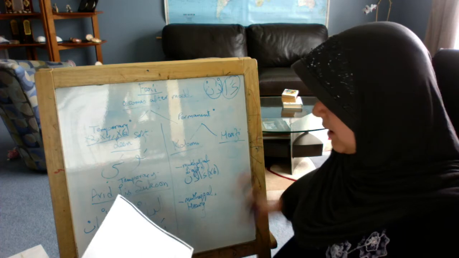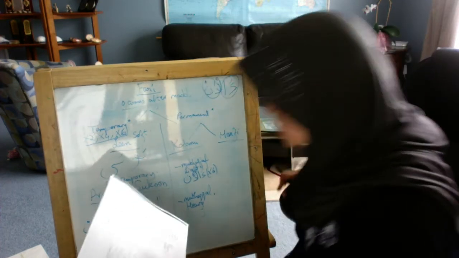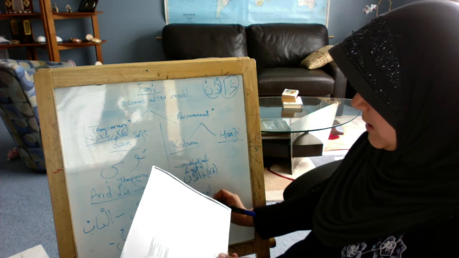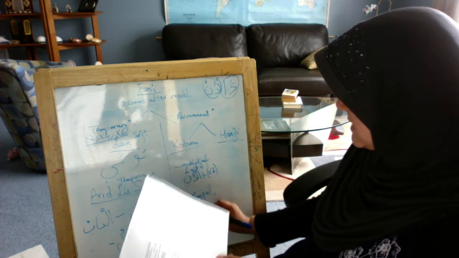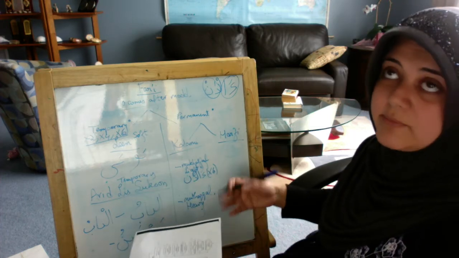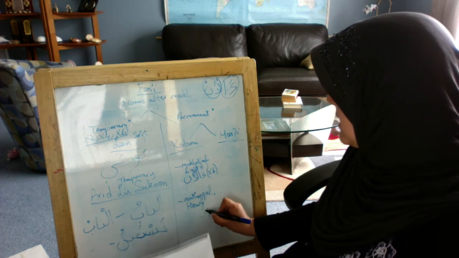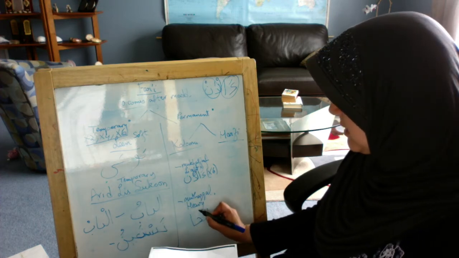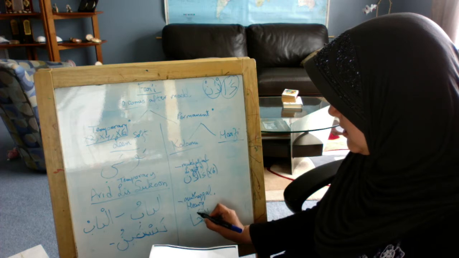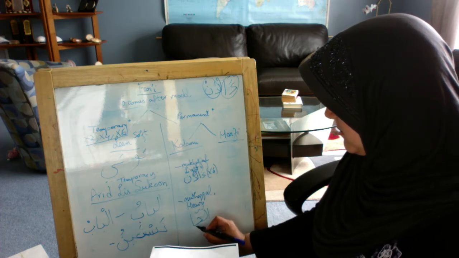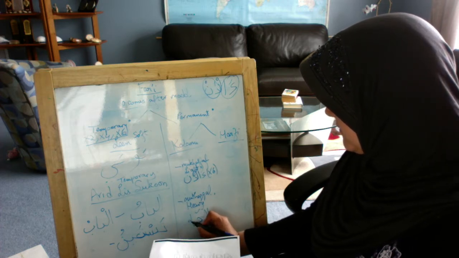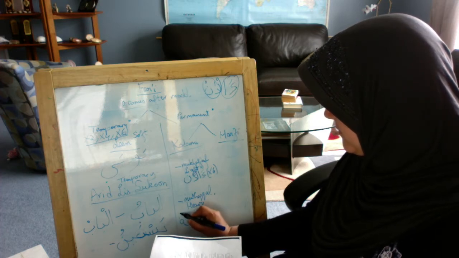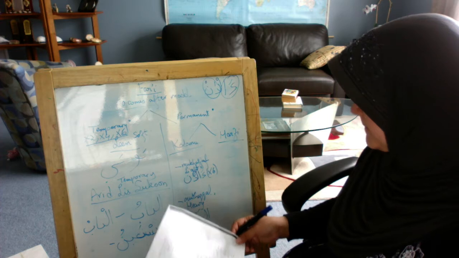Now, Madd-e-Kalami Muthaqqal. For that one, we are going to give you these examples. Muthaqqal is like, there's so many in Juz Amma. It's like al, can you see? Yes, you can. Al-ha-qqa. All right.